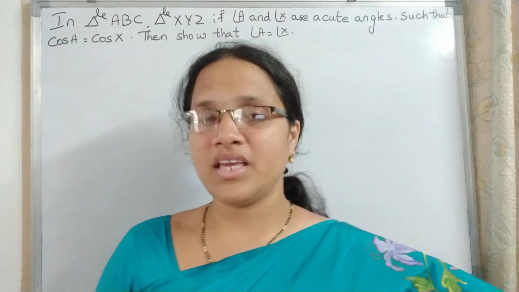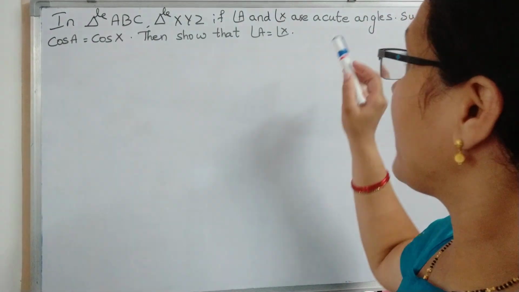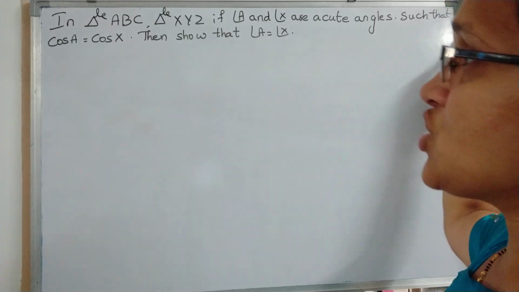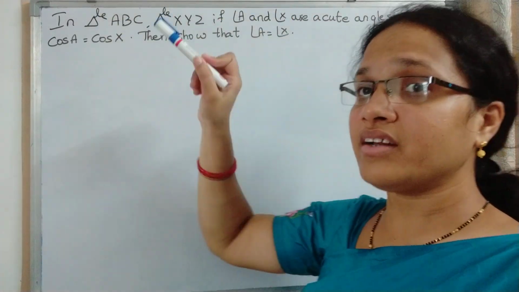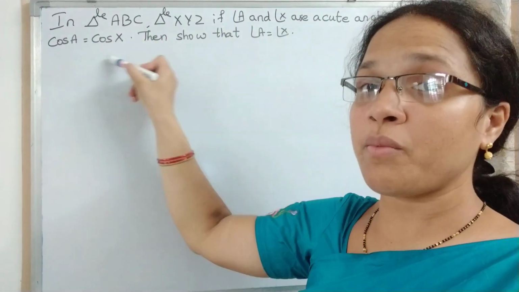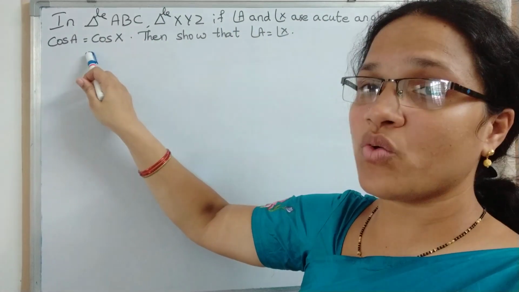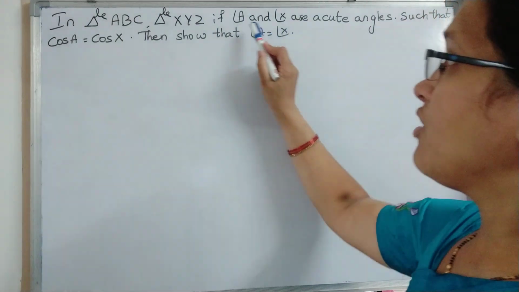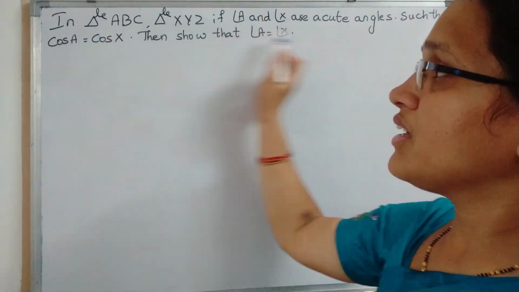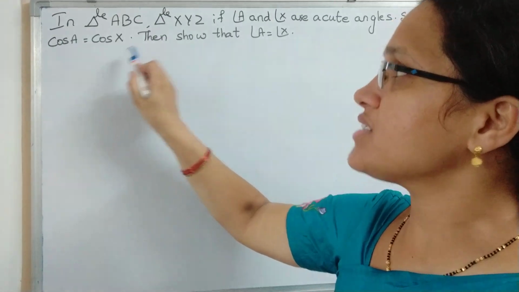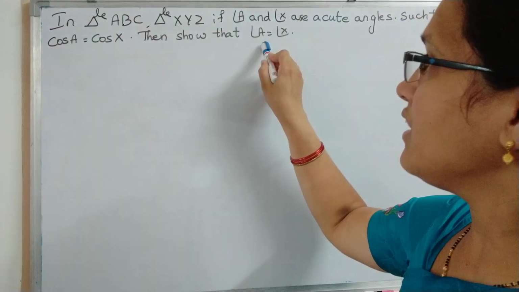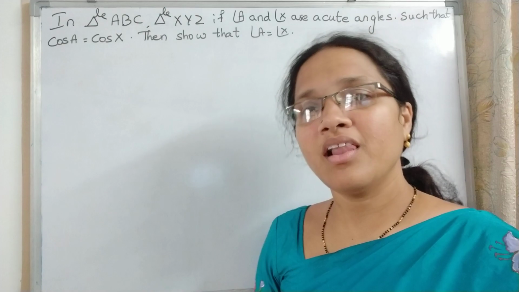So angle A and angle X are acute angles such that cos A is equal to cos X. See, they have related these triangles with the trigonometric ratios. From geometry, from angles, they came back to trigonometric ratios. So cos A is equal to cos X. Then show that angle A is equal to angle X.